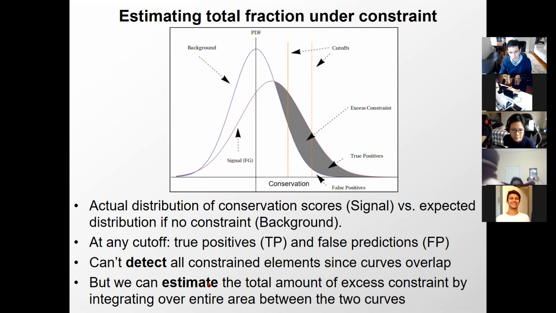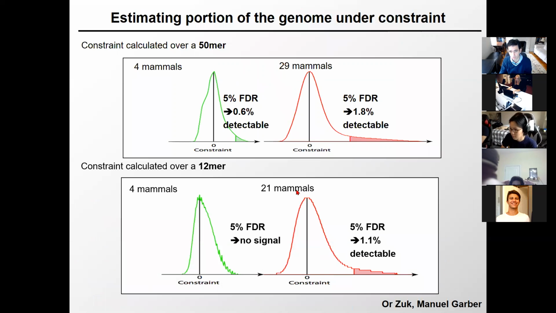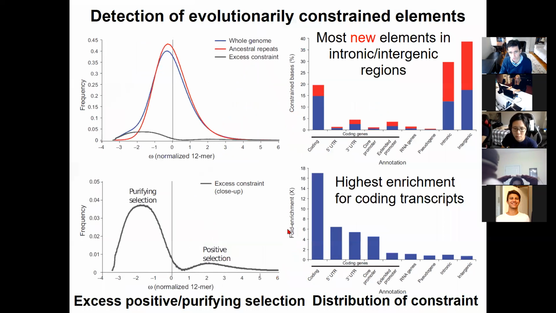However, what we can do is estimate the total amount of excess constraint by integrating over the entire area between the two curves. And using this, we can say what fraction of the genome is not only detectable as constraint, but also what fraction of the genome is estimated as being under constraint overall, even though I will simply have no power to detect those.